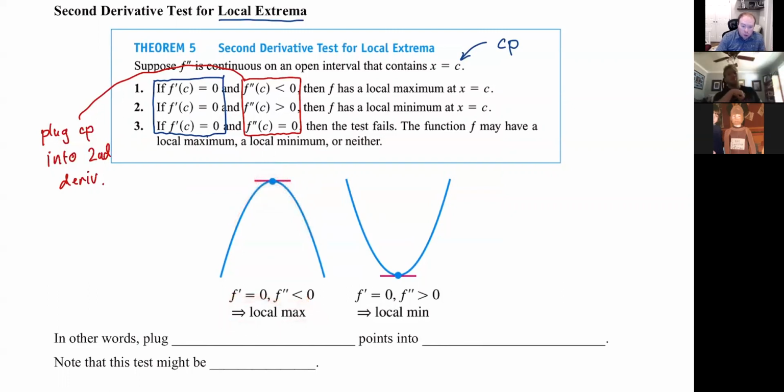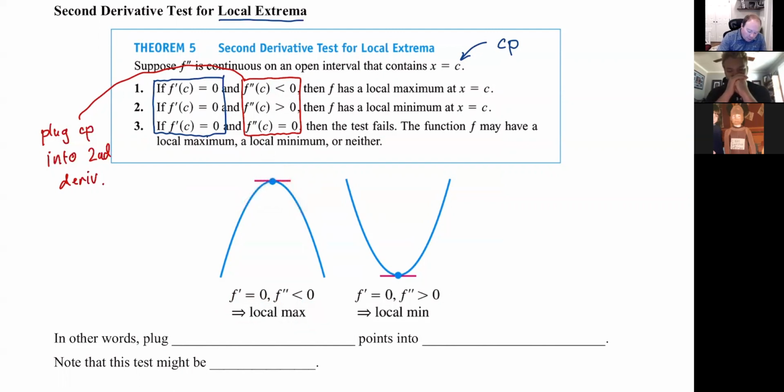So if you take the critical point, plug it into the second derivative, and get a negative value, you have a local maximum. No need to check a bunch of points in between. It immediately tells you, because it's a critical point, you have an extrema, and because the second derivative is negative, it's concaving down, which means it's a max.